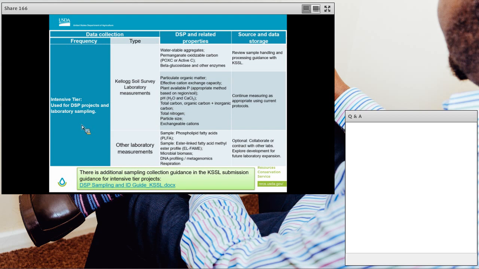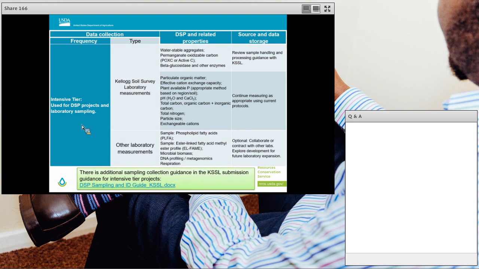But once you get it to KSSL, then we're going to measure some extra things. These properties don't require a lot of extra work on the collection end. They require a little bit of work on Kellogg Soil Survey in order to execute all of these. And the interaction of the two should make this really useful.